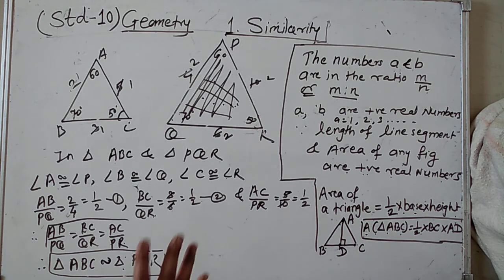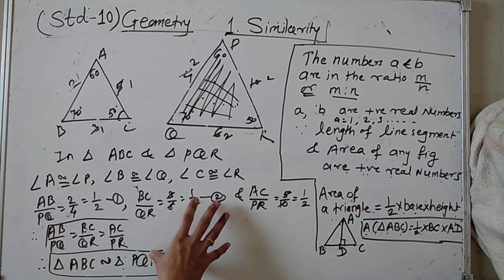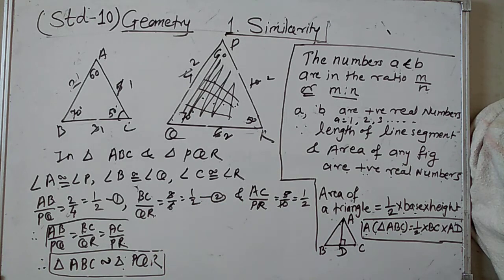Now for better understanding of similarity, here are other examples. First, these two figures, circles: one circle is smaller, the second is bigger. So these two figures are similar to each other, they are not congruent. Similar मध्ये एक फिगर लहान असते, एक फिगर मोठी असते.